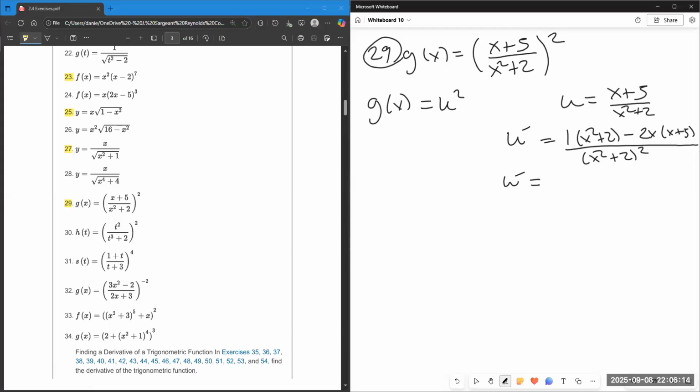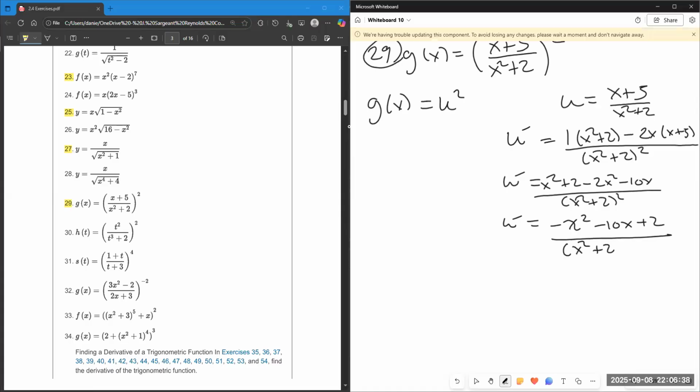So my u prime will be x squared plus 2 minus 2x squared minus 10x over x squared plus 2 quantity squared. My u prime is x squared minus 2x squared is negative x squared minus 10x plus 2 over x squared plus 2 quantity squared.